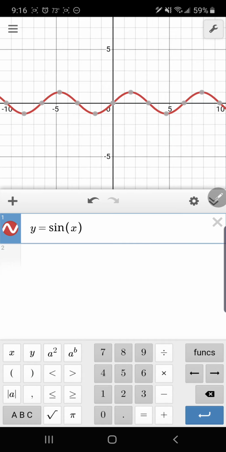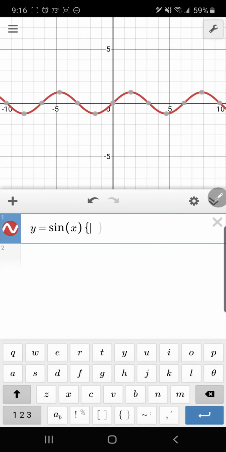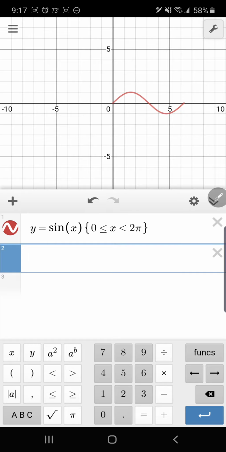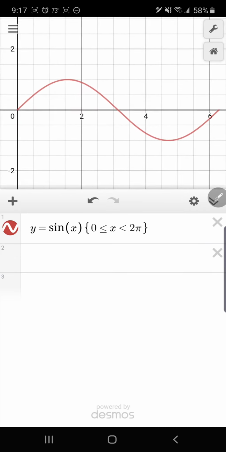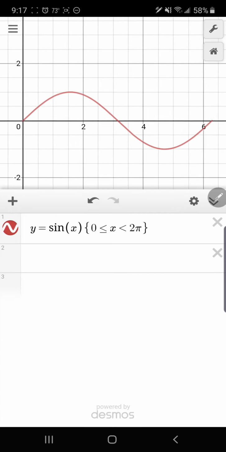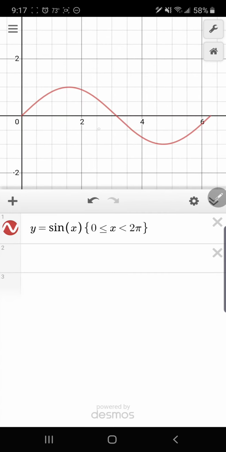And since we're looking at values that are between 0 and 2 pi, I'm going to restrict the domain to only show those values. So we're going to say 0 less than or equal to x less than 2 pi. And so that gives us a graph of the sine wave showing only values from 0 to 2 pi.